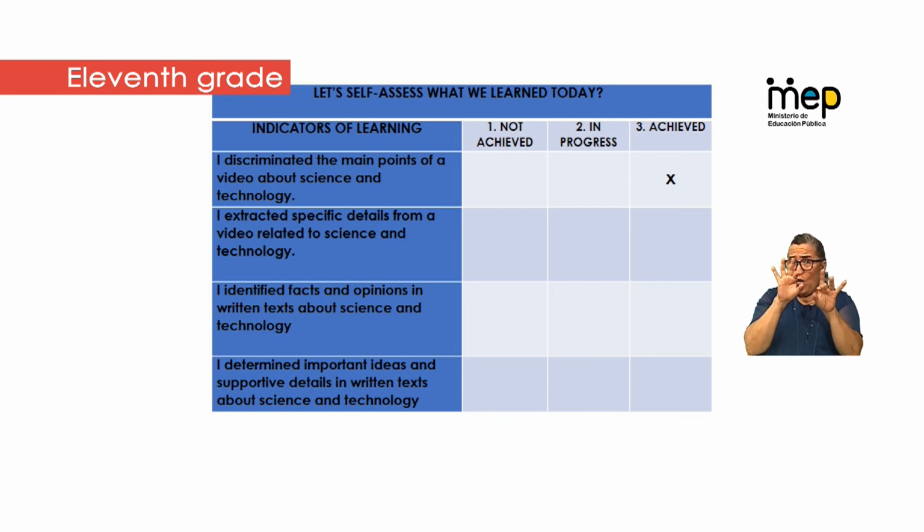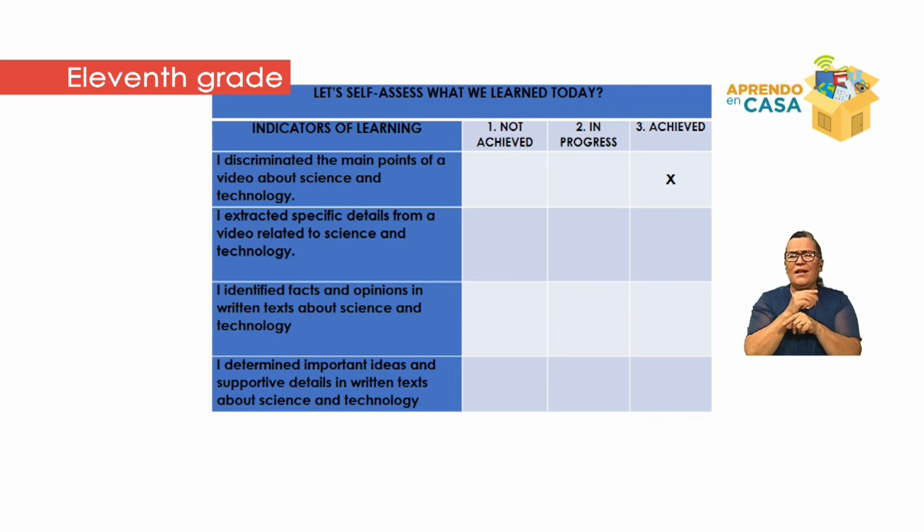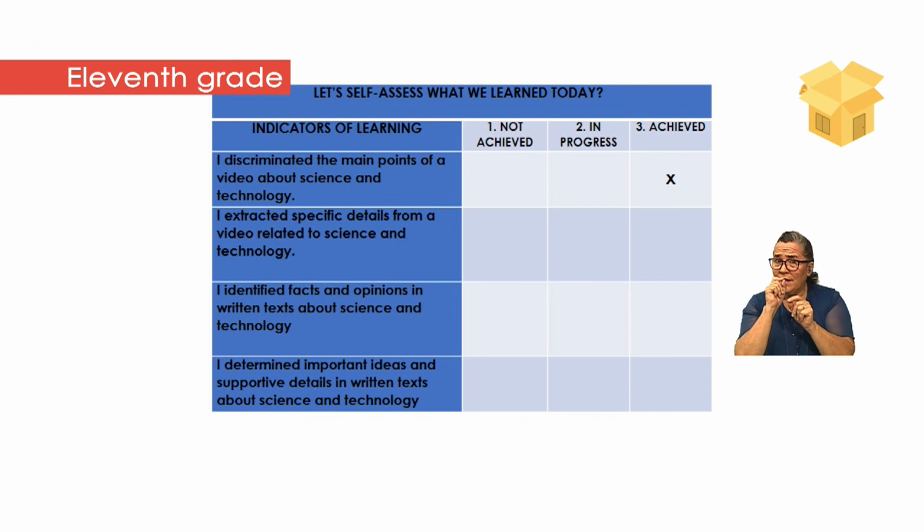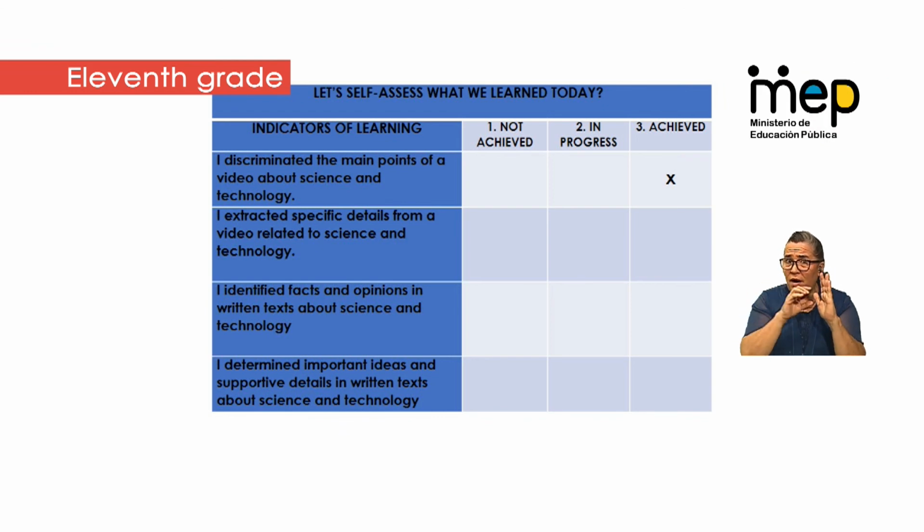Yes, I know you did it. You're great. I identify facts and opinions in written texts about science and technology. Were you able to answer the specific questions about something in the paragraph? I determined important ideas and supported details in written texts about science and technology.